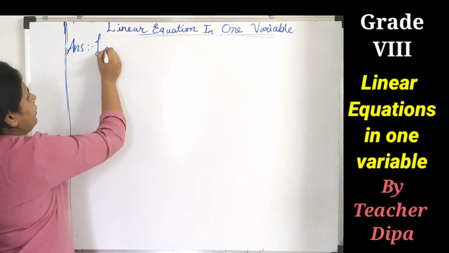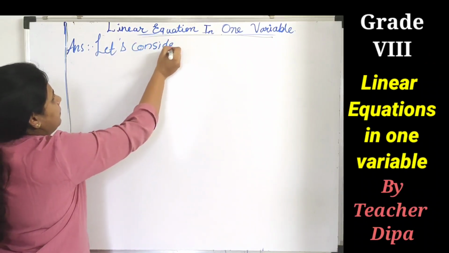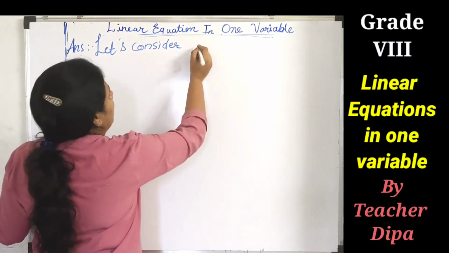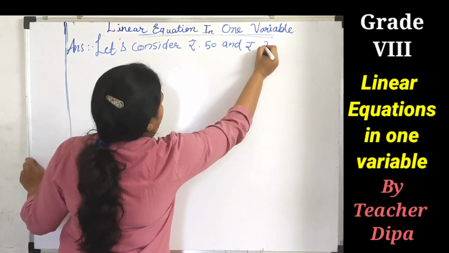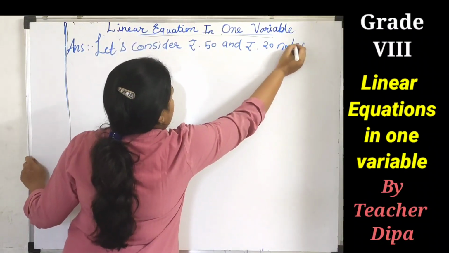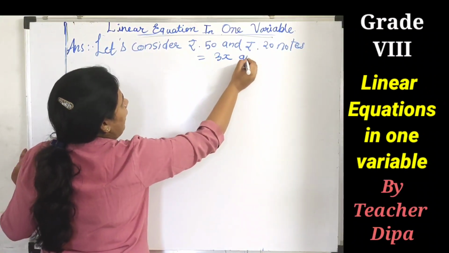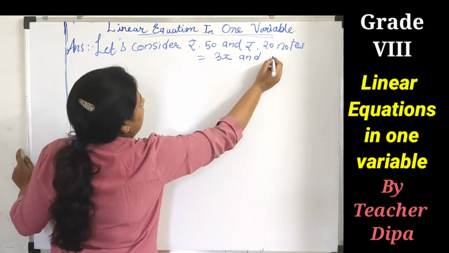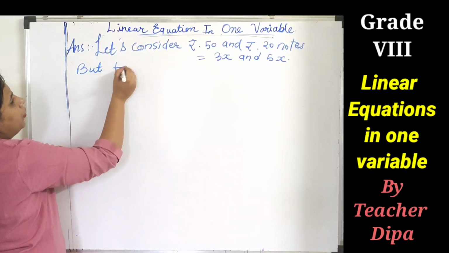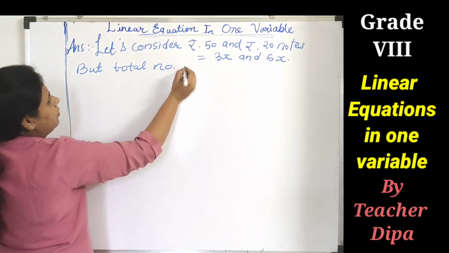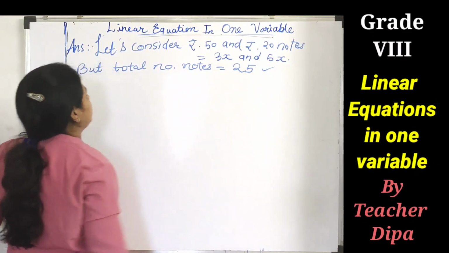In the answer, let's consider rupees 50 and rupees 20 notes is equal to 3x and 5x, but total number of notes is equal to 25, that is given to you.